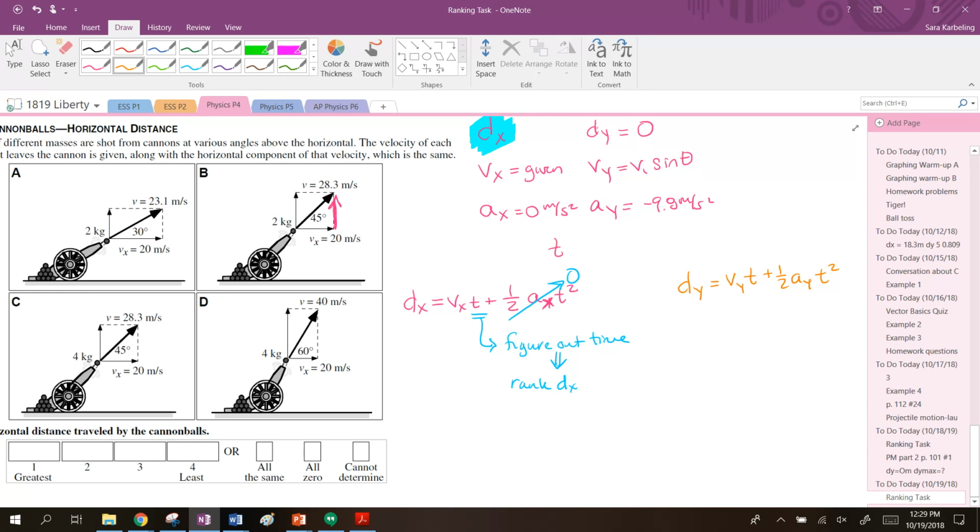If I release it with a higher velocity, it's going to take longer to come down. The bigger the Vy, the bigger the time, the bigger the time, the bigger the dx. Because in the x direction, they're all moving at the same rate. But we want to know who gets to go the furthest, based on how much time we have. Are we doing okay?